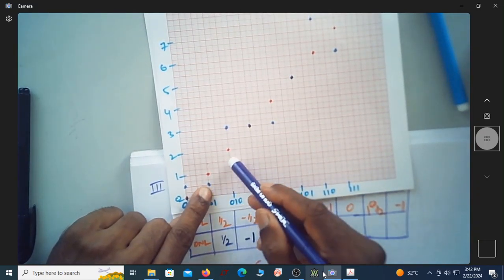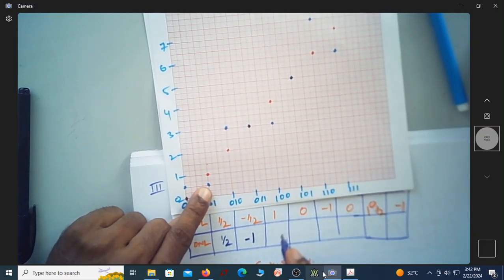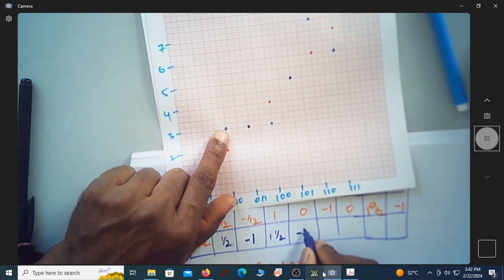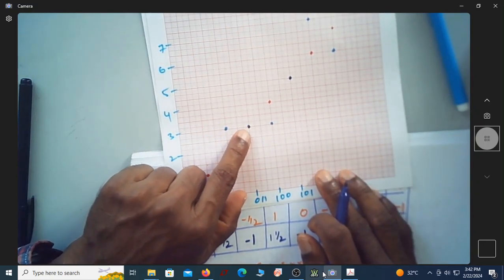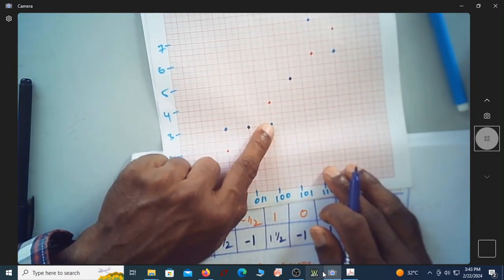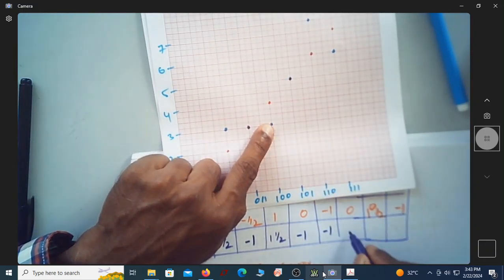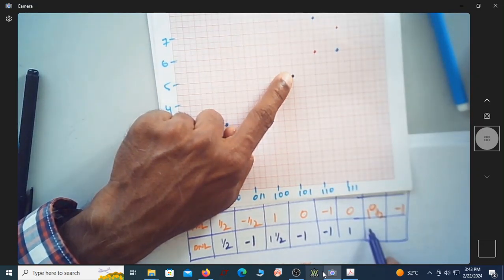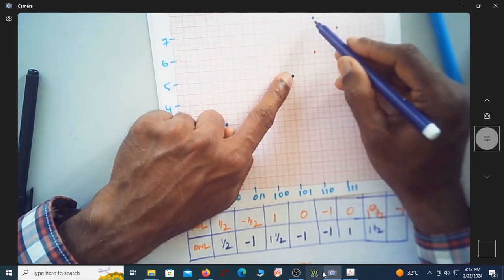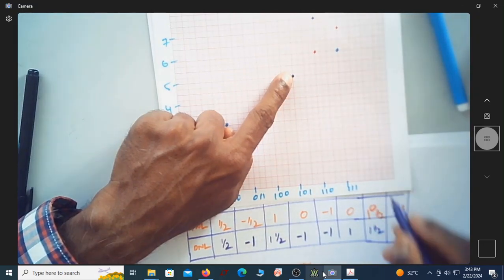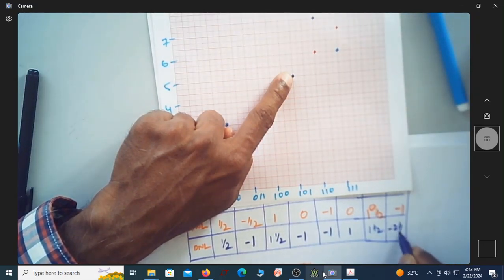Can you see this? From this would have been here, it's actually 1.5 LSB more. And from this would have been here, but it is still here, it is minus 1 LSB. And from this would have been here, it is still here, it's minus 1 LSB. This would have been here, but it's actually here, it's plus 1 LSB. So from this would have been here, but it is there, it's 1.5 LSB more. From this would have been here, but it is 2.5 LSB less.